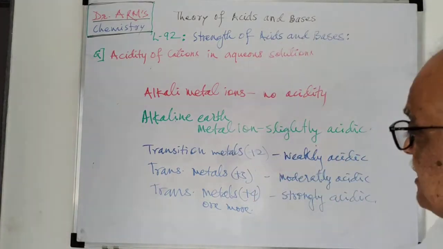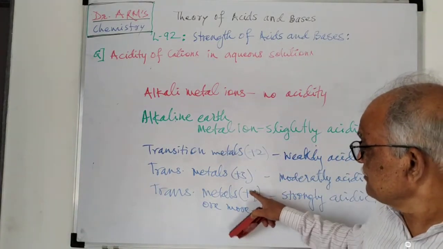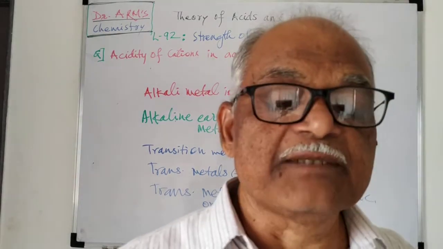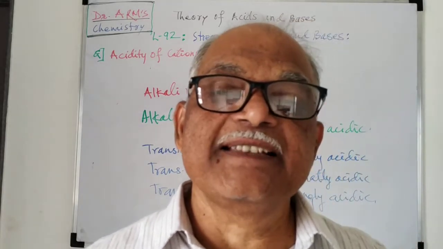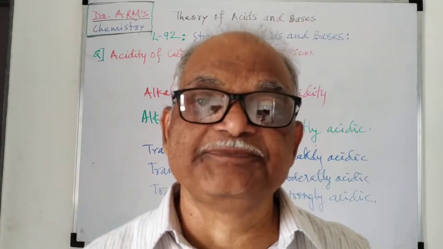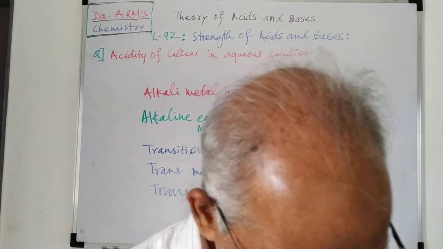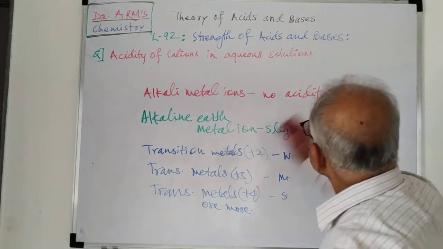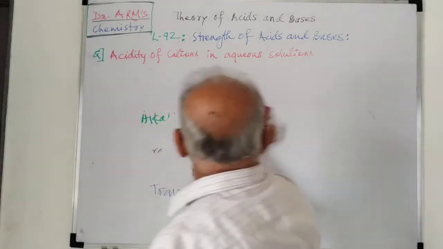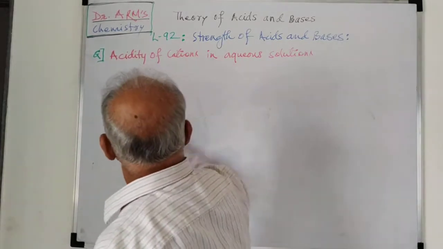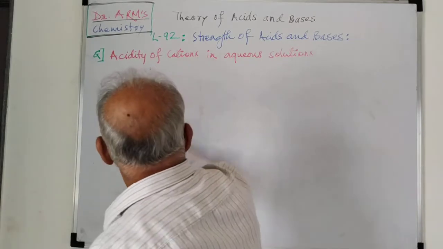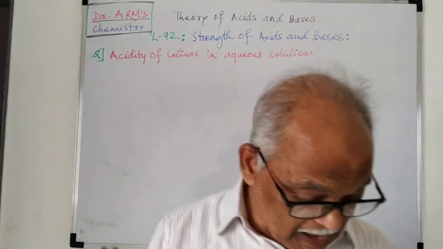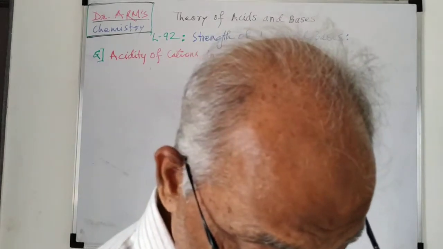So here you will find that the transition metals having +3 or more oxidation state, the cations are exhibiting their acidic nature. This acidity is considered in terms of their Ka values, dissociation constants or equilibrium constants.